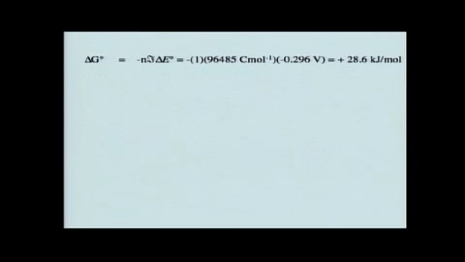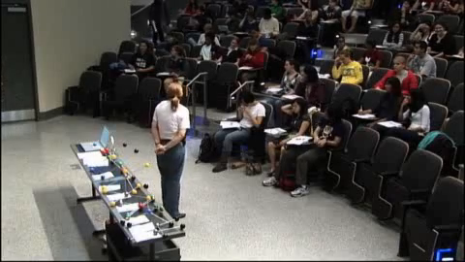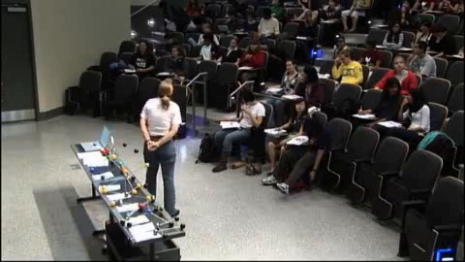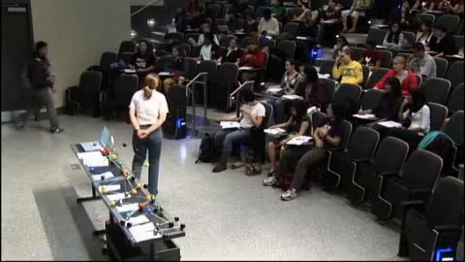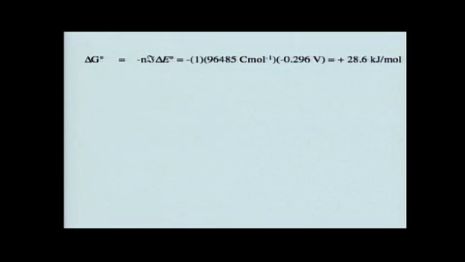So let's figure out how not spontaneous it's going to be. How much trouble are we all in? We can use the same equation that we use for batteries. Just because it's a biological system doesn't mean the equation doesn't hold. Delta G naught equals minus n, the number of moles of electrons, times Faraday's constant, times the change in the standard potential.